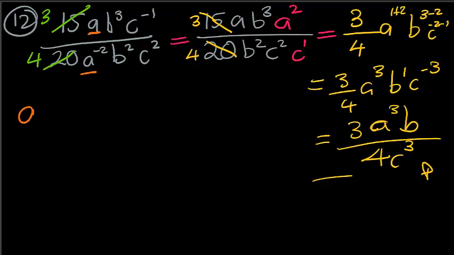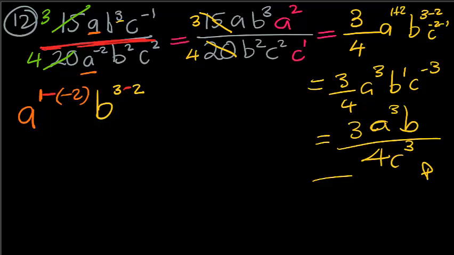I'm going to say a to the power of 1, then minus, because I've got the division line there, and at the bottom I've got minus 2. So I've got a^(1 - (-2)). Let's look at the b's. I've got b^3, minus for the division sign, and then I've got 2 at the bottom.